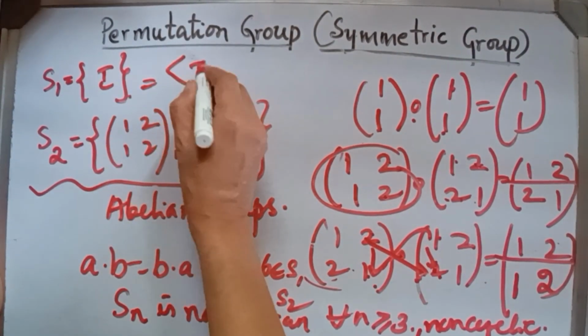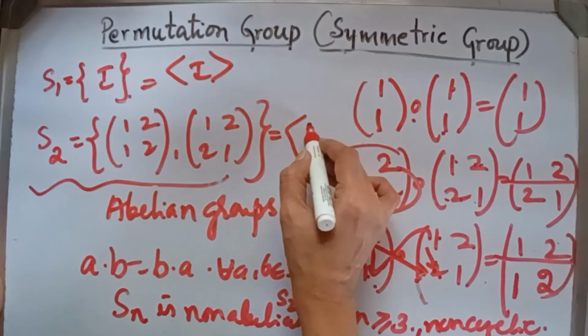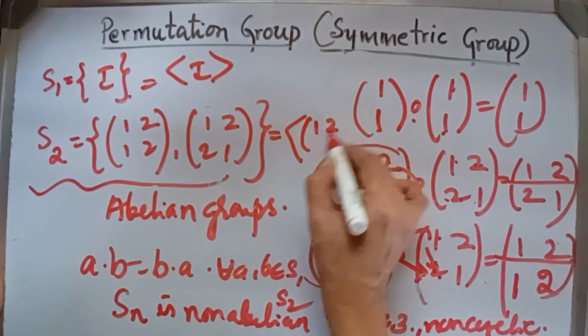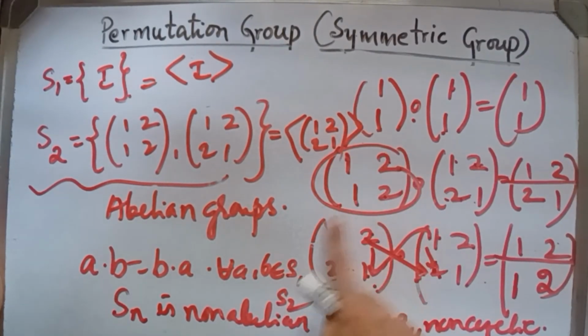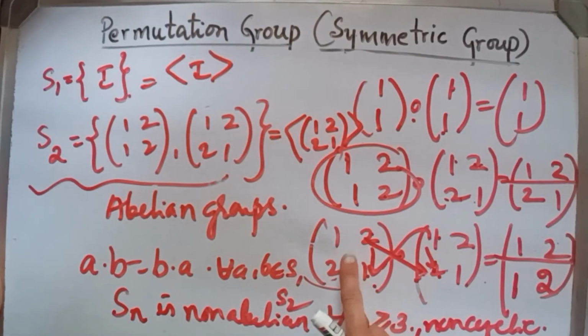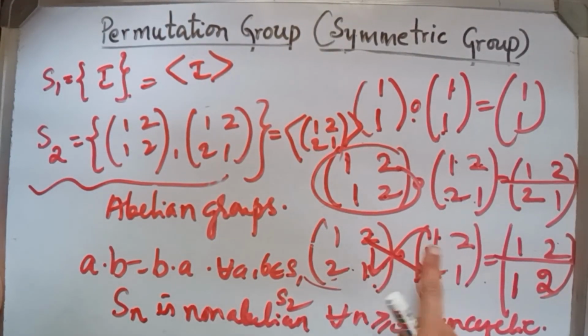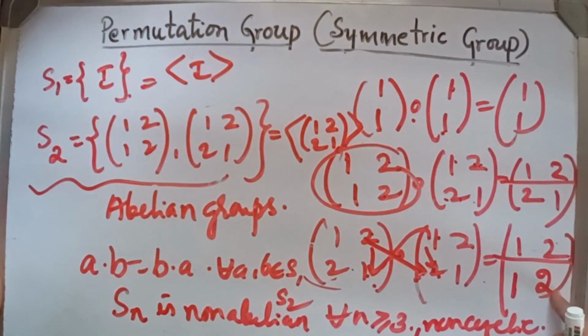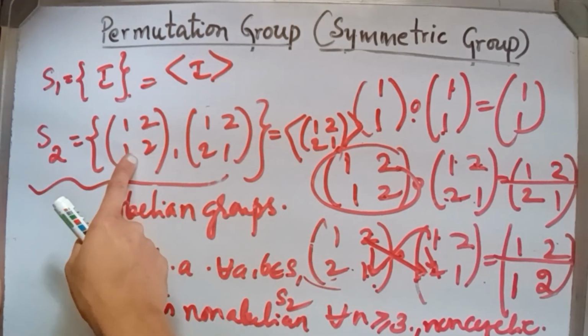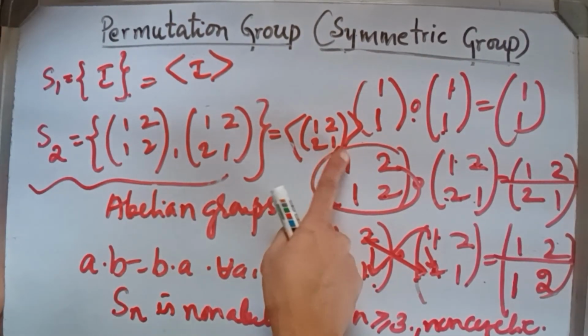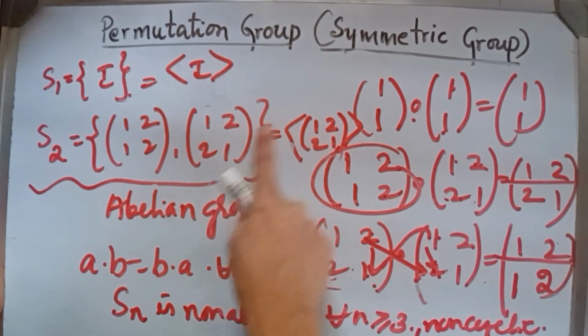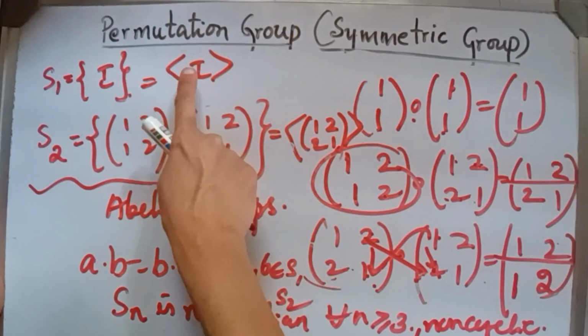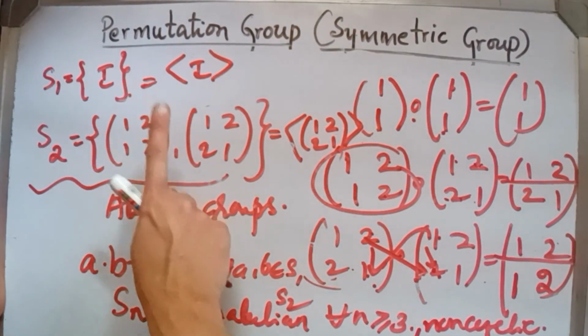One is generated by I, and this is generated by the element (1 2; 2 1), because when it is squared, the composition taken two times gives you the identity, correct? Therefore every element is obtained as a power of this element. Therefore these two are abelian as well as cyclic.